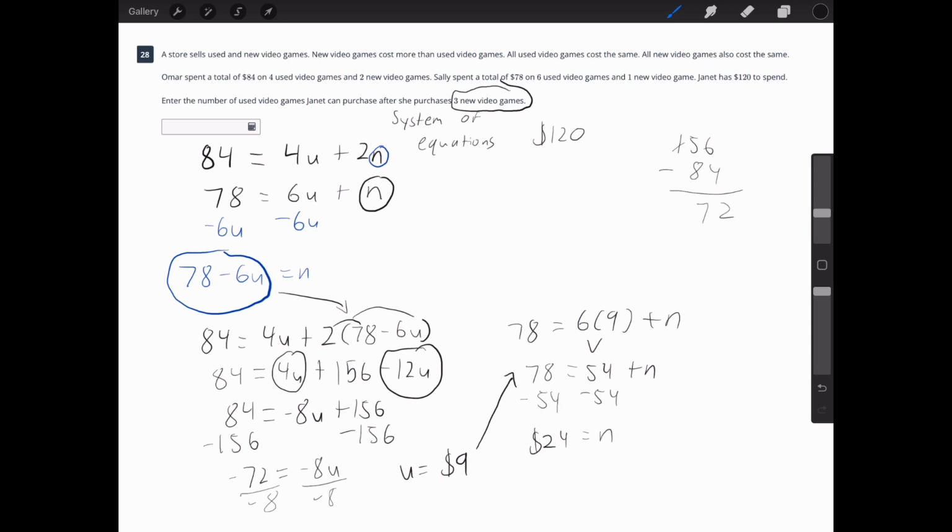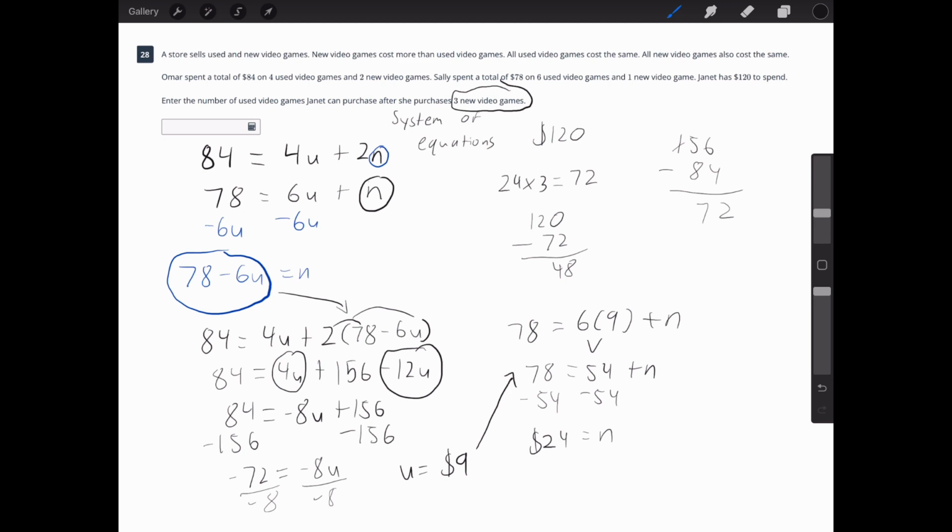So we want to do 24 times 3, right? And that should give me 72. And then I just want to do 120 minus 72, right? And that should give me 48.